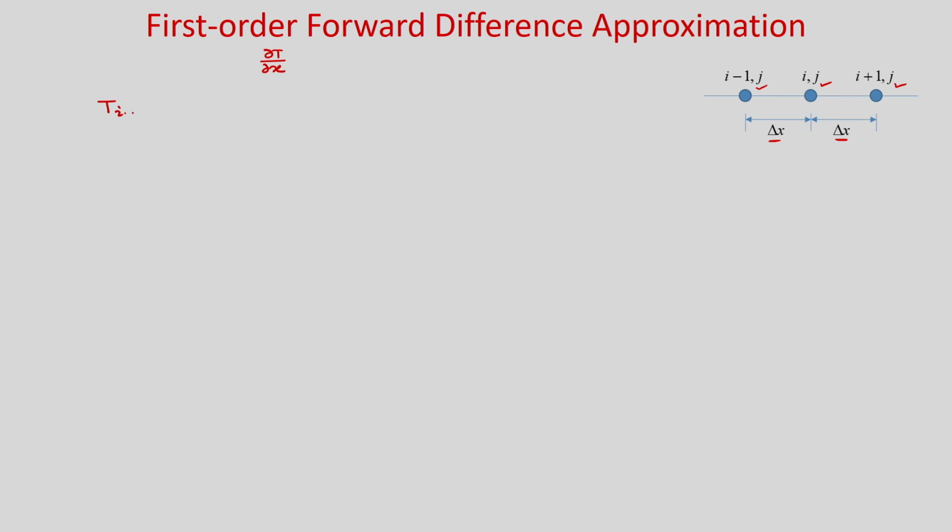So, you can write T I plus 1 j is equal to T I j plus. You can see this I plus 1 j has a distance delta x from I j.